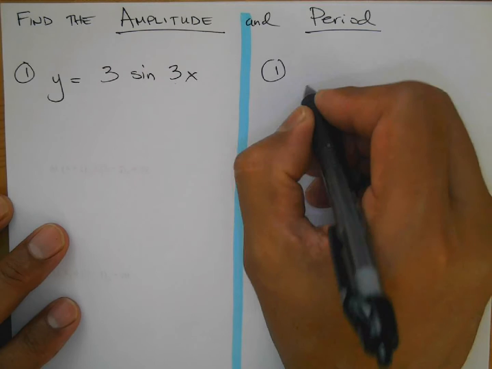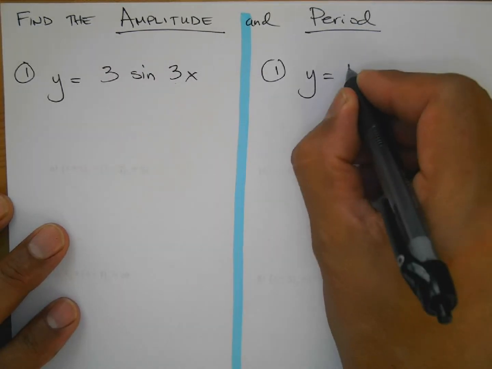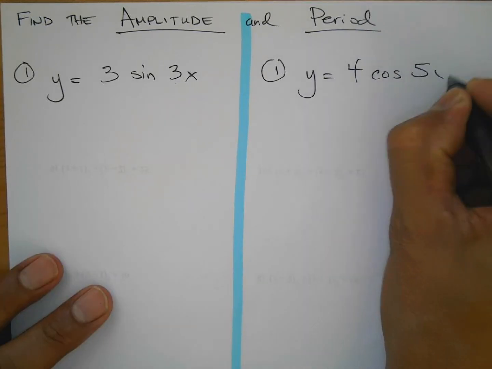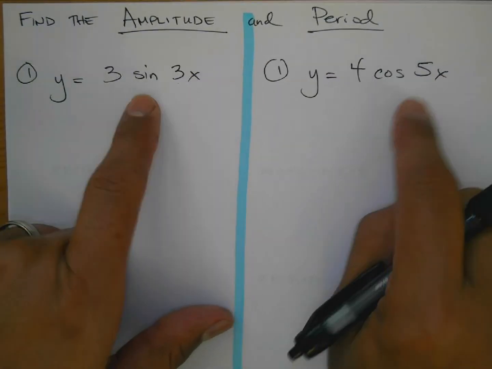And number 1 over here, y is equal to 4 cosine 5x. Okay? Again, don't worry if it's x or theta.